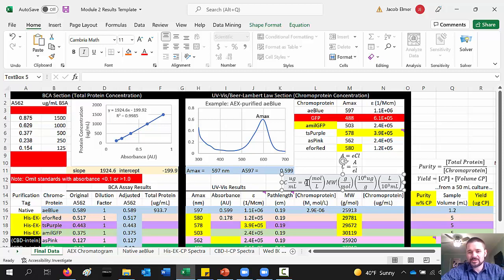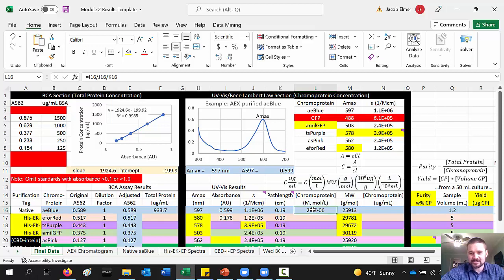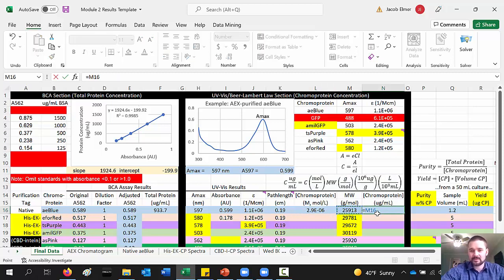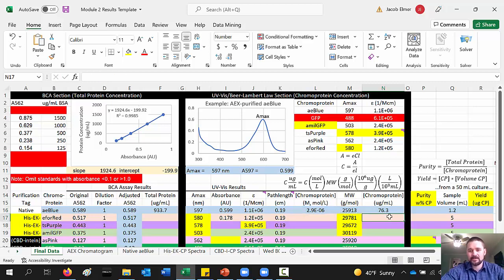So we do that conversion, it ends up being this concentration times the molecular weight, and then times 10 to the 6th over 10 to the 3rd, which is just 1,000. And there you have it right there. So this is the concentration of the AE Blue in micrograms per mil. Now, you might be disappointed by this result, and rightfully so.